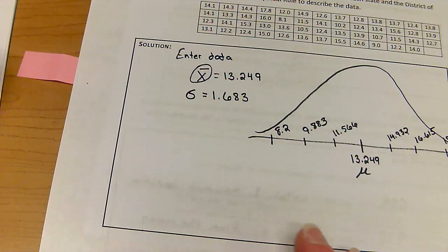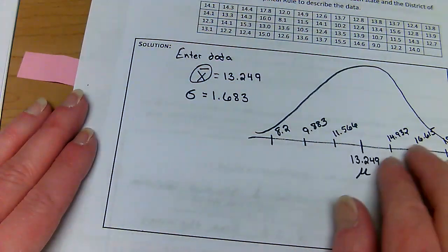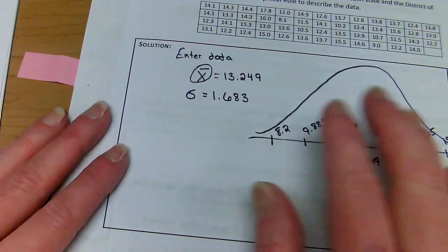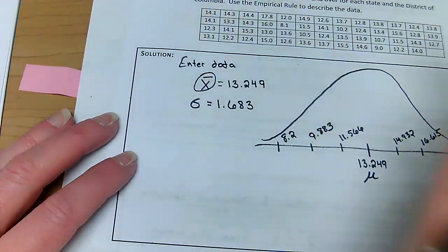Okay, so what this is telling me is that I can talk about this data as far as the empirical rule.